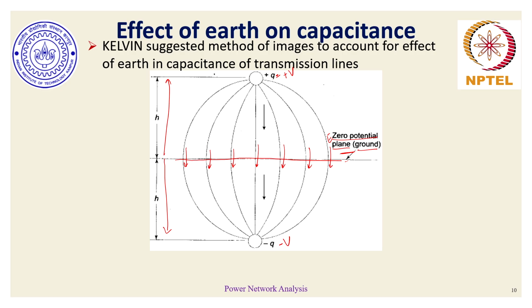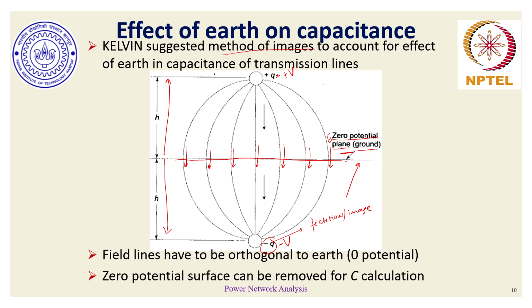So Kelvin suggested the method of images. Basically, they are image charges. This negative Q does not exist. It is a fictitious or an image charge which is being considered to account for the presence of earth potential or zero potential. So field lines are orthogonal to earth, the zero potential surface, which thus can be removed while considering the evaluation of capacitance due to earth.